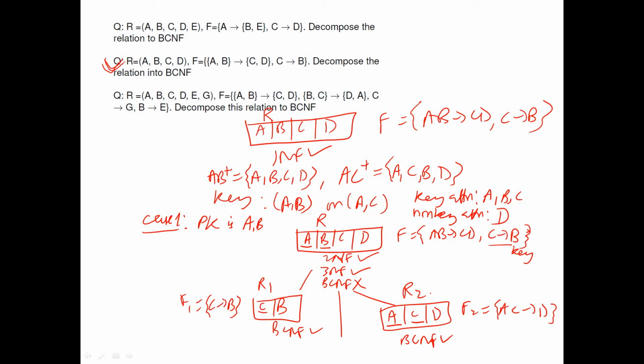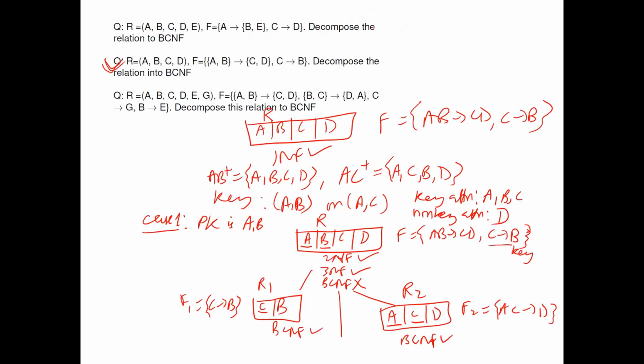Let's see case 2. Case 2, let the primary key be AC. Right? AC was the other primary key we have already seen.